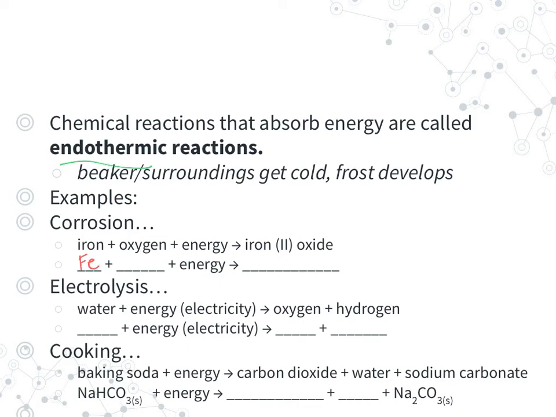Iron is Fe, oxygen is O2, and I know that iron is a solid and oxygen is a gas. Iron 2 oxide. Remember, the 2 tells me that we're using iron 2 plus. Oxygen is a 2 minus. I need 1 iron and 1 oxygen to balance their charges to neutral. I know that rust is a solid. So iron 2 oxide is rust.